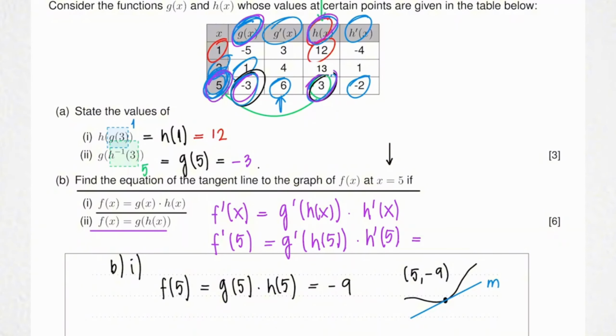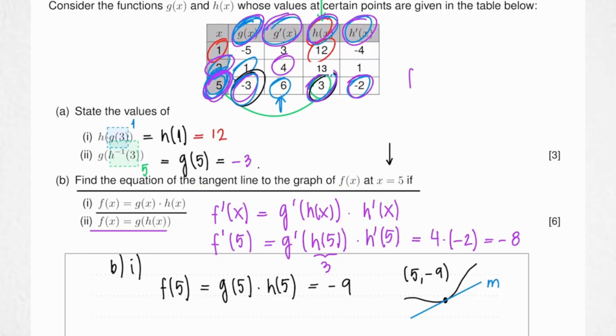H of 5 is equal to 3, and g prime of 3 is equal to 4. So we have 4 times h prime of 5, which is negative 2. So we have negative 8 as the result, as the slope. Now, we never found f of 5 for this case, so let's calculate it right now.